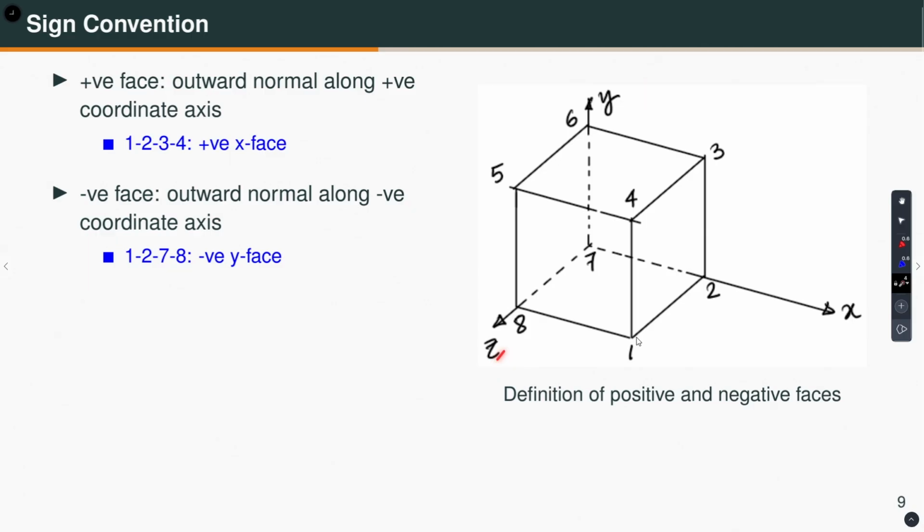If I consider this face 1, 2, 3, 4, on this face the normal is along the positive x direction. So, this is a positive face. On the other hand, if I consider this face, the outward unit normal is in the negative y direction. So, 1, 2, 7, 8 is basically a negative y face.